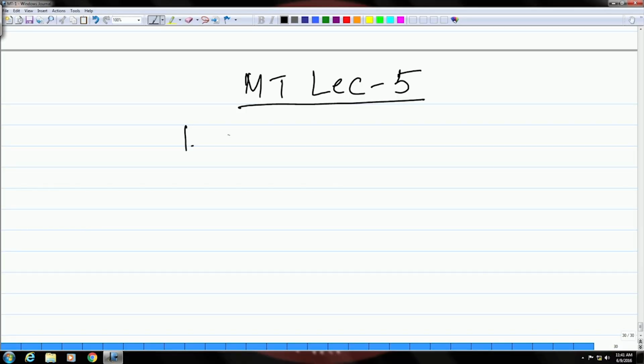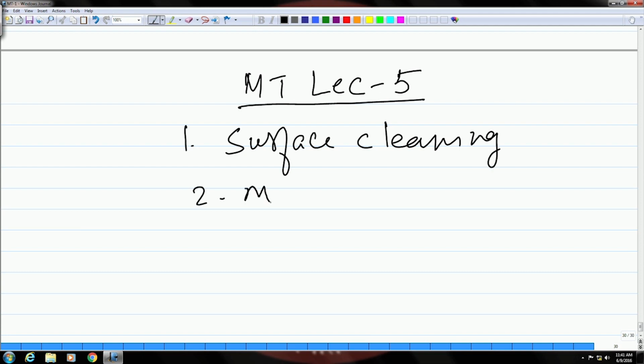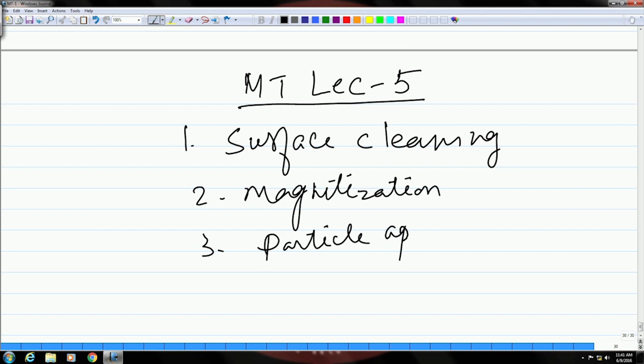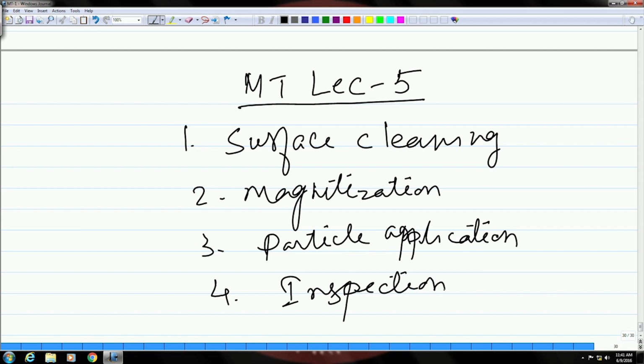So, we have started from, again I will go back to this, we have started from this, and then finally once the particles are applied, then we do the inspection. So, let us talk about this today and a few more things.